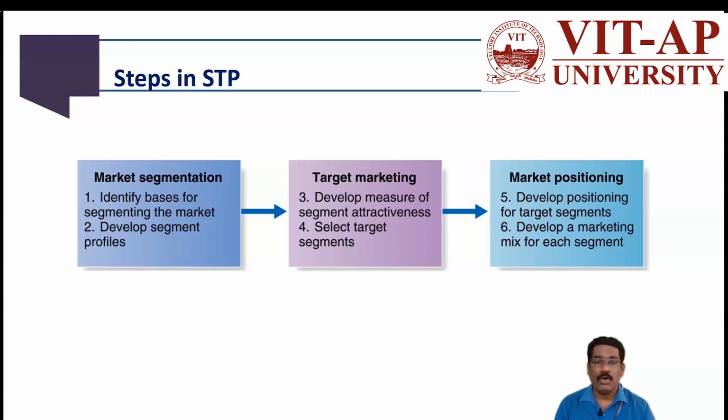Then we move on to the fifth step. We call it developing positioning for the target segment. As I said earlier, with the value proposition, the marketer is trying to occupy a position in the minds of the customer through the benefits offered, like in the case of Sensodyne toothpaste.